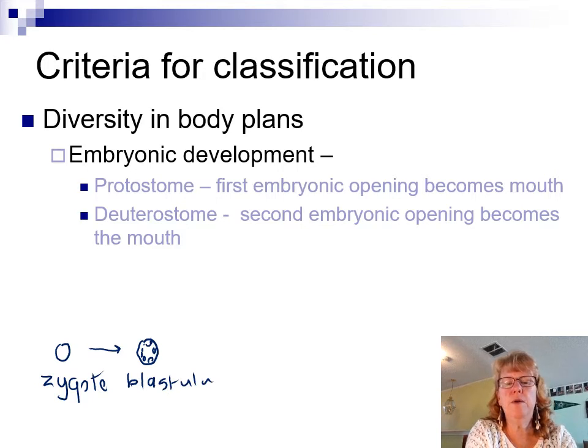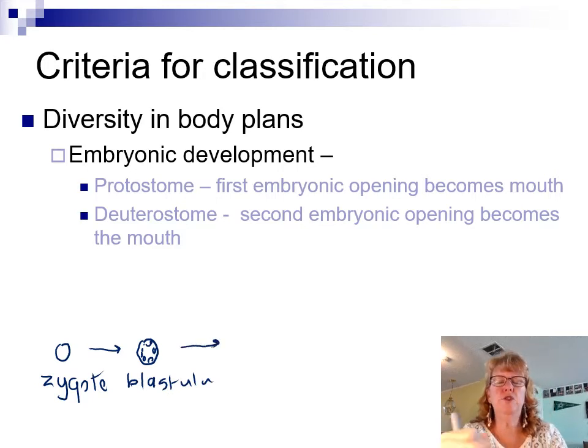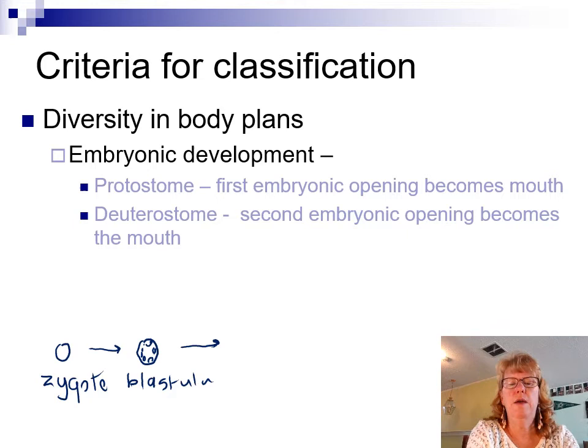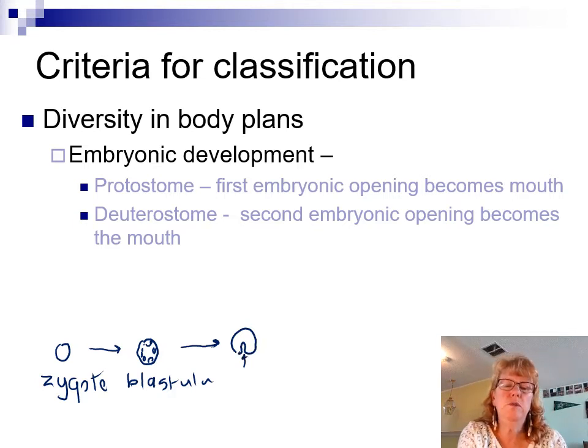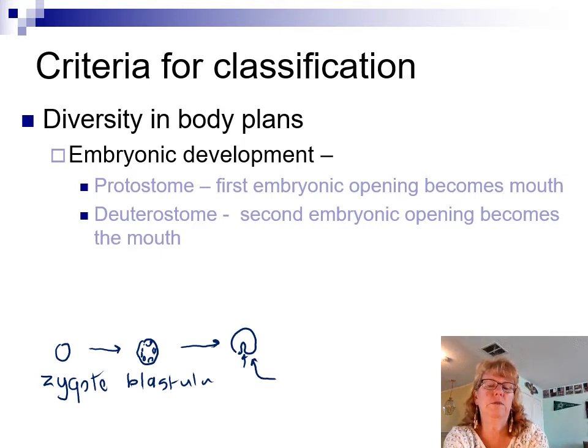Okay, and then we go through even more divisions and more growth, and we start to get this blastula. It's kind of punched in here, so kind of punches in right there. It's called a gastrula, and this will be the first opening for a digestive system.